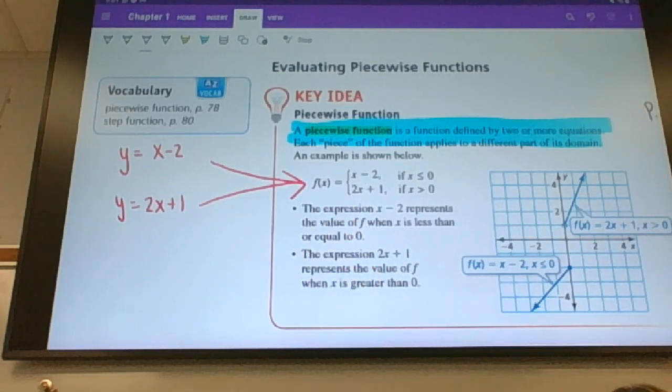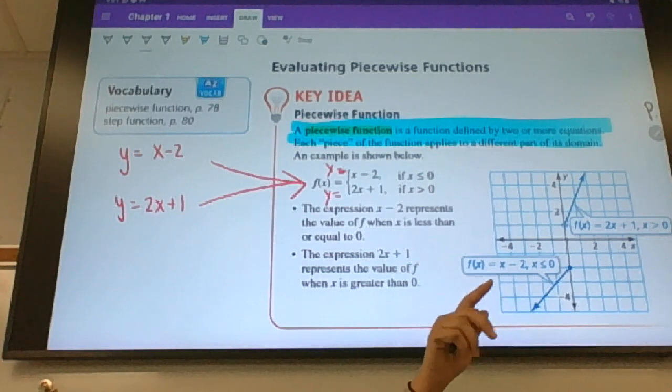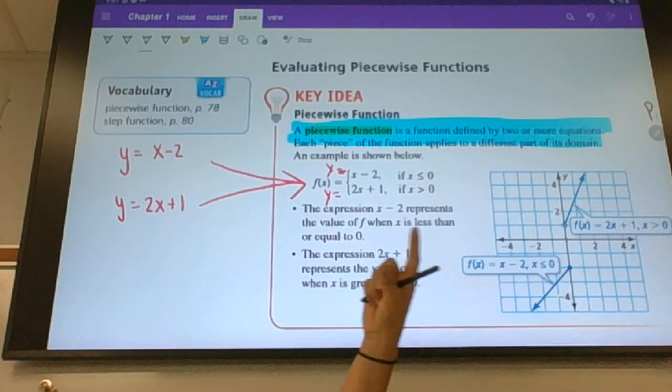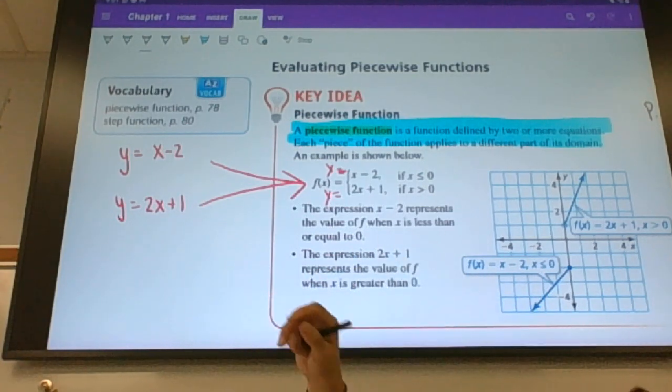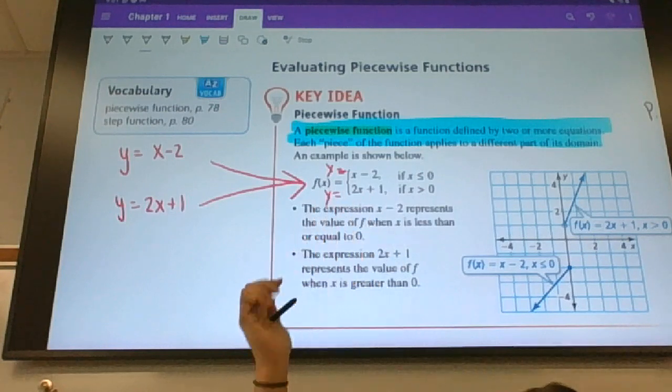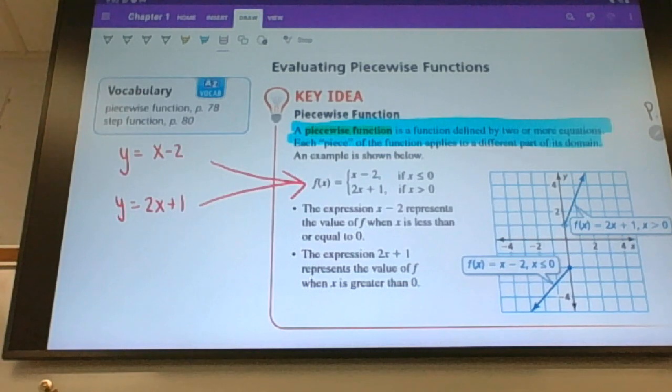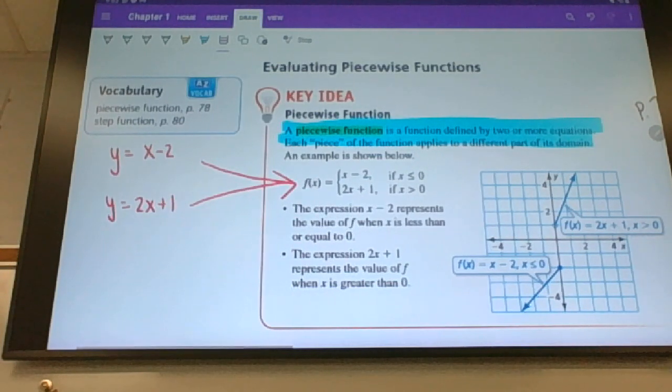But if you want to just think about it like y equals this one, y equals this one is fine. It's like two equations, but it's all on one graph. It's all part of the same function. So they just have one equal sign. It's just a shortcut. It makes it look complicated, but it's a shortcut. Now, this over here just tells you which part we're looking at.